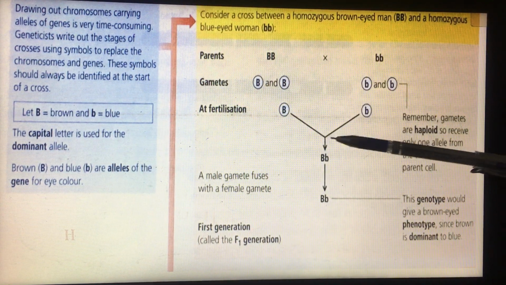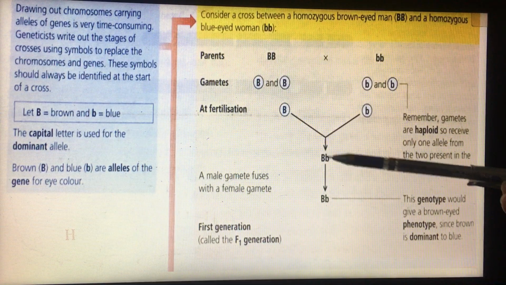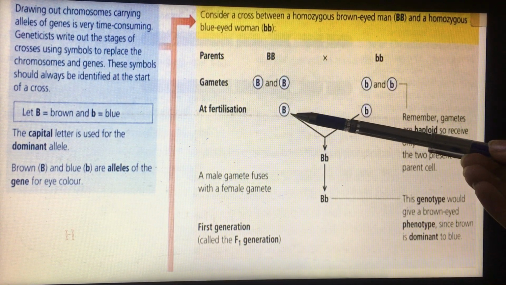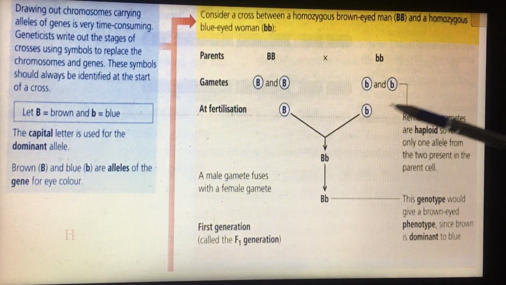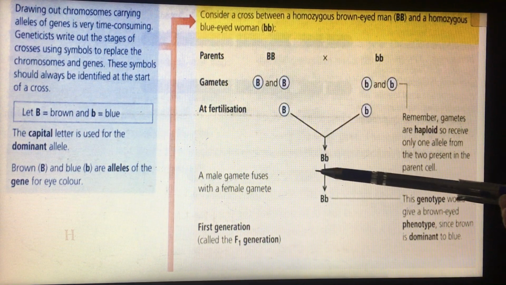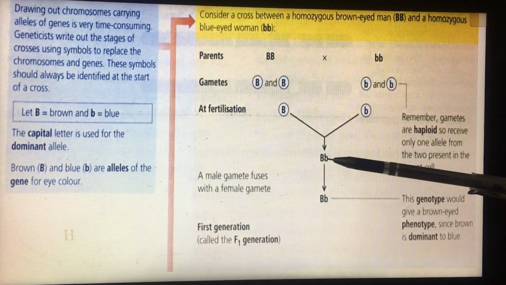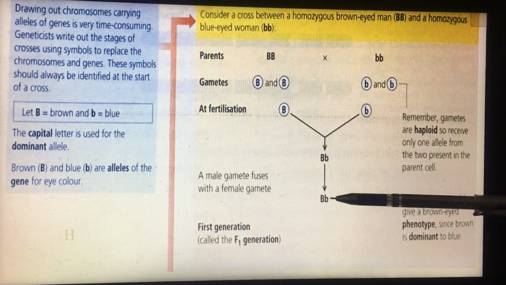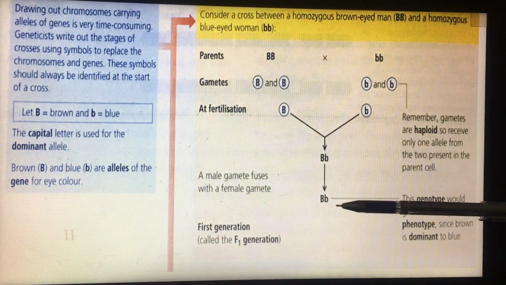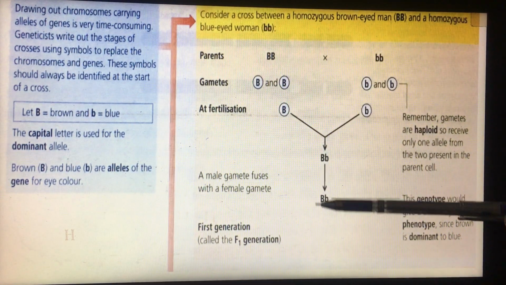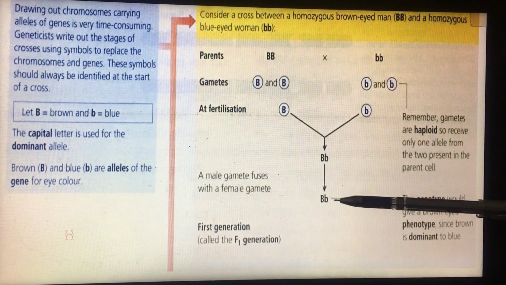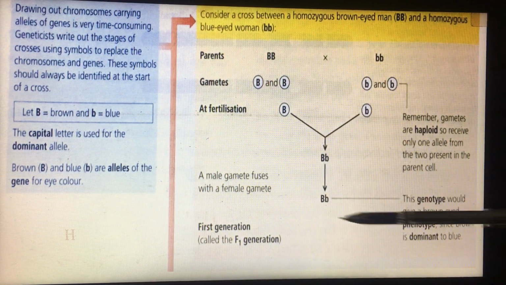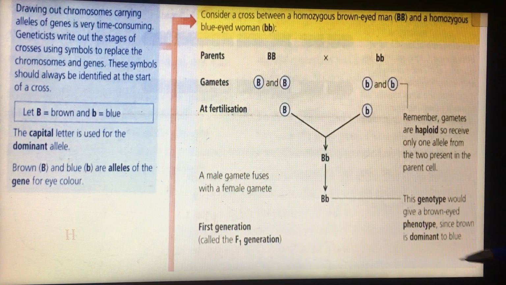When they cross together, they will produce a new offspring, with one gamete from the man and one gamete from the woman forming a new zygote during fertilization to give us the first generation, or the first offspring. Here B capital, B small, we call it the genotype.